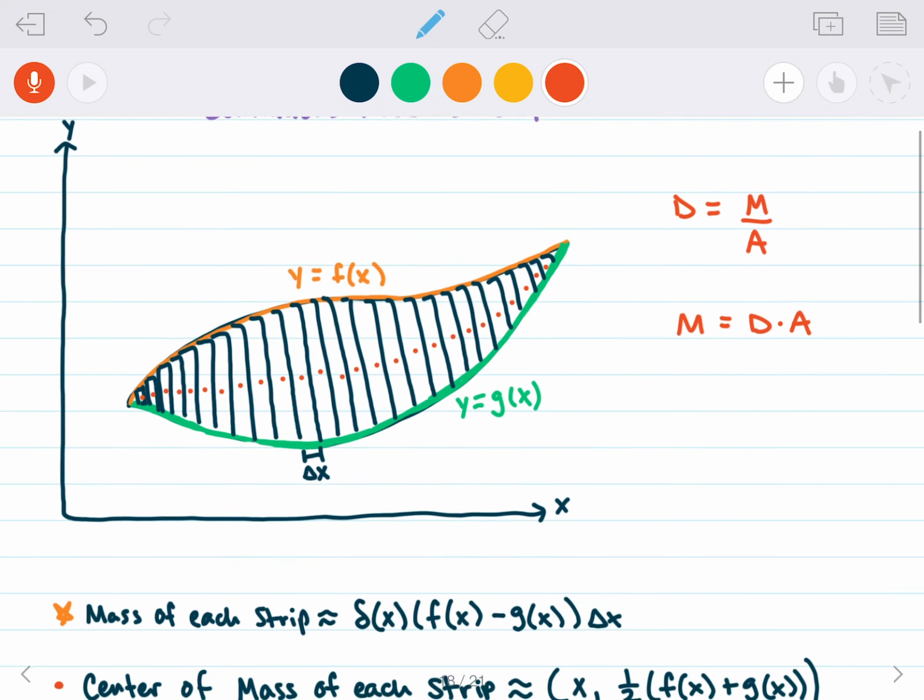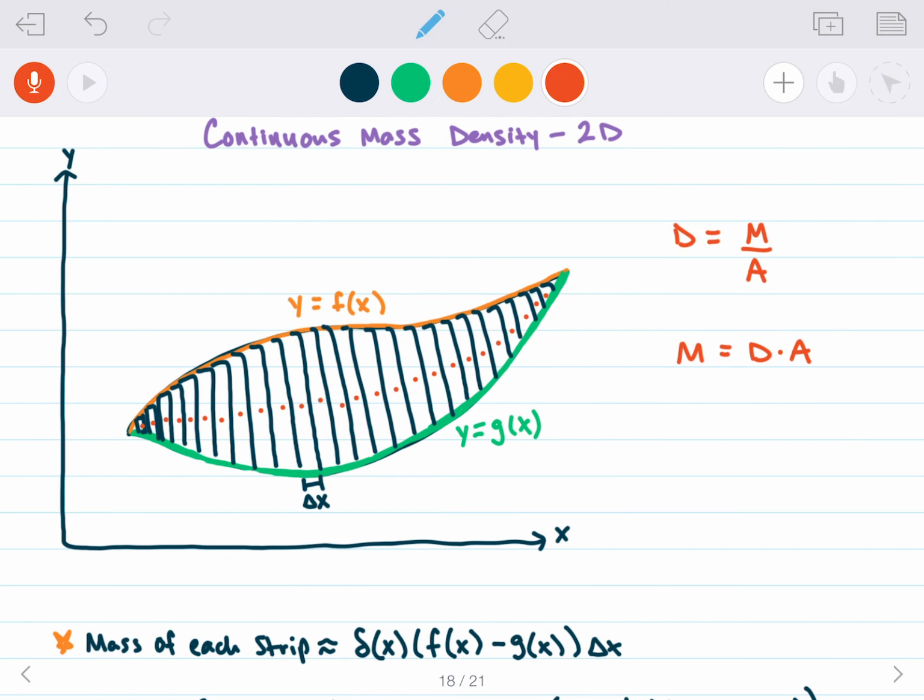Now, let's remind ourselves about the mass of this region by looking at the individual little rectangles that I've drawn. So the mass of each of these rectangles is going to be the density, which is this delta x, times the area, which is going to be f of x minus g of x times delta x.